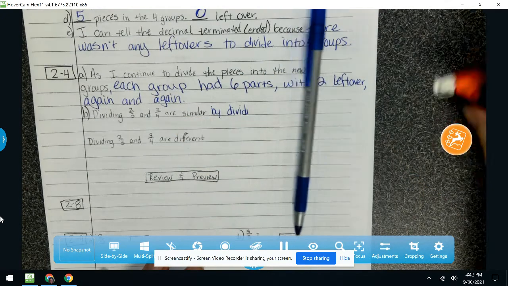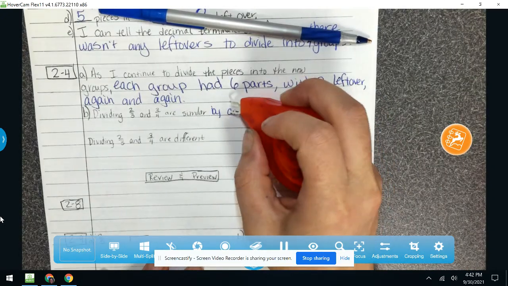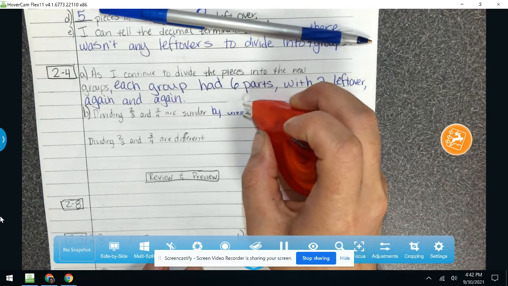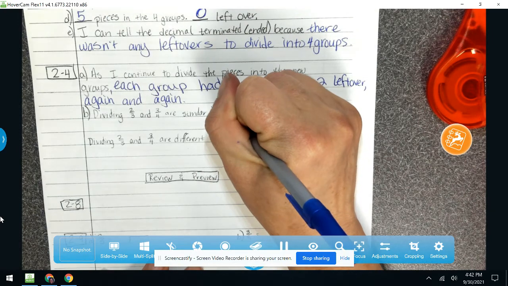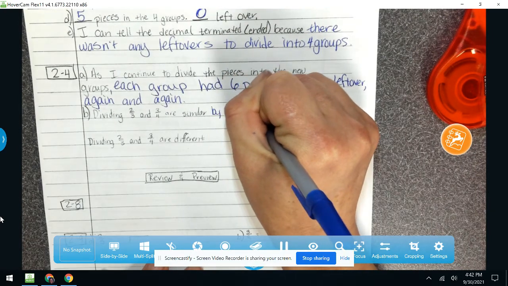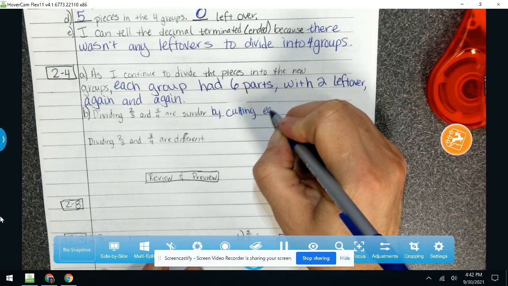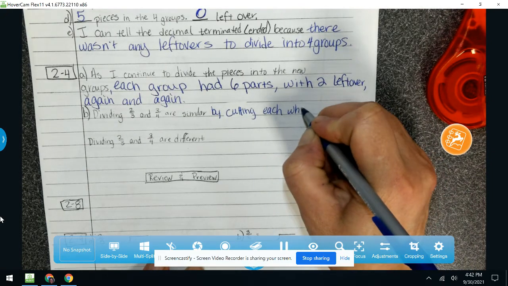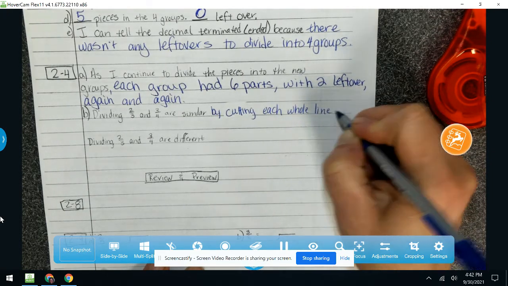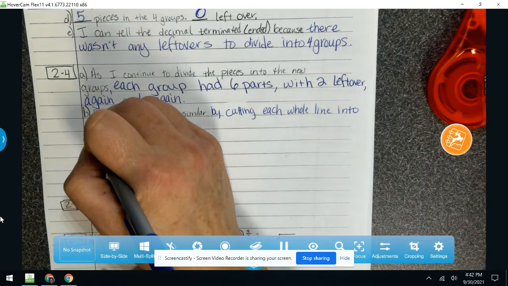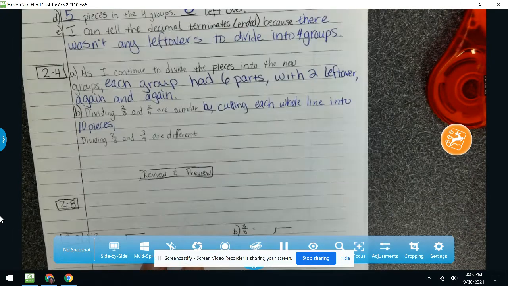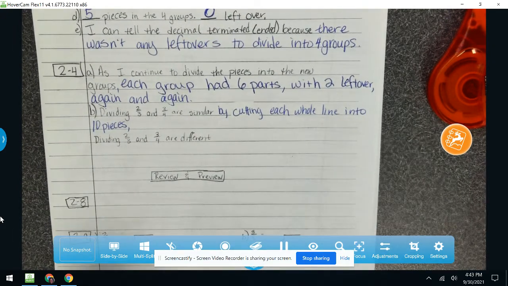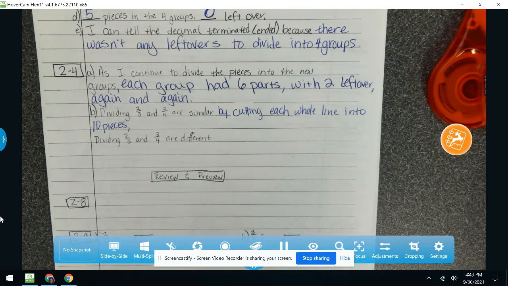Oh, I didn't want to use the word dividing. Once we cut the line into 10 pieces, we then began to put them into groups.